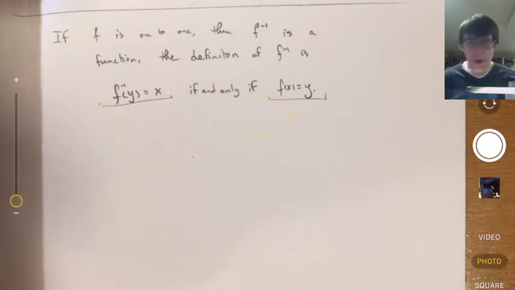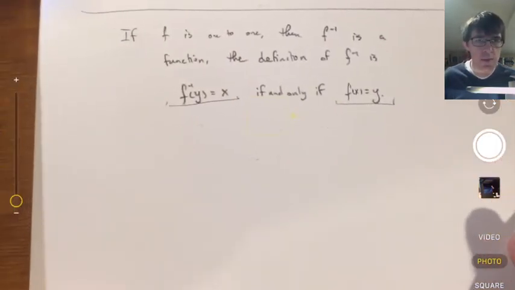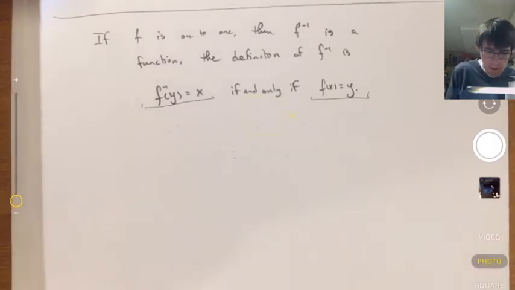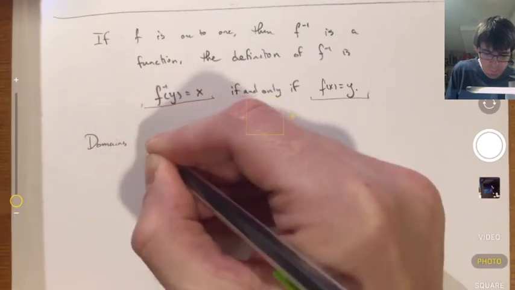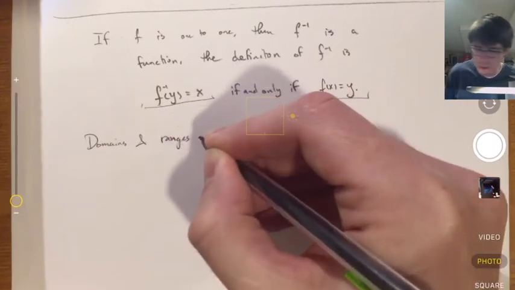I want to draw a little weird diagram here. I don't know if you talked about this point of view in high school, but how about domains and ranges as it pertains to inverse functions?